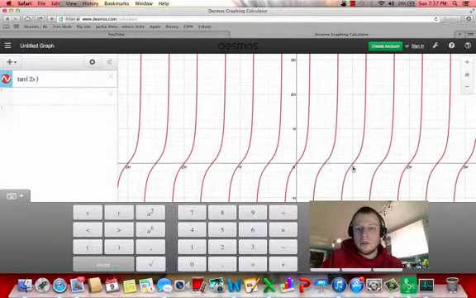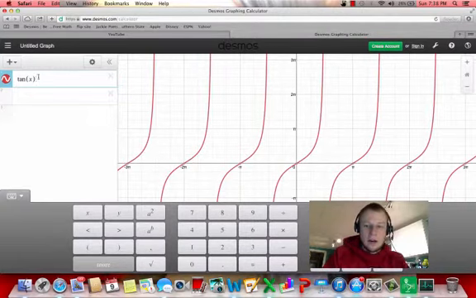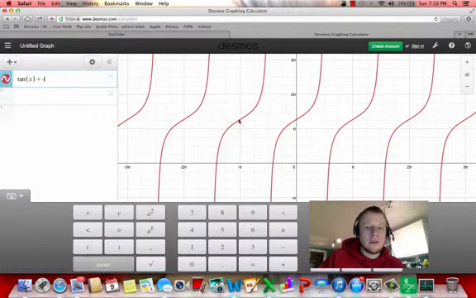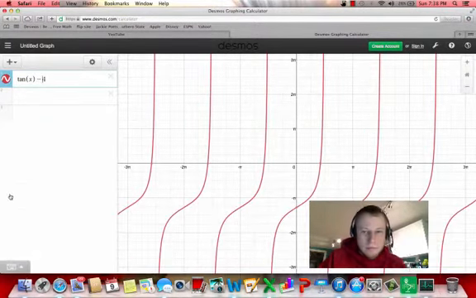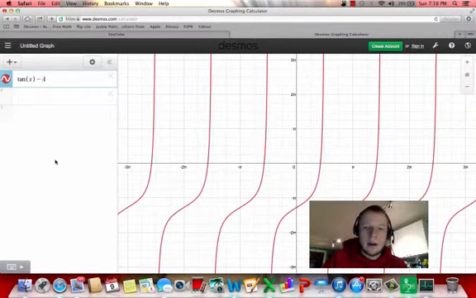Pi over 2, pi, 3 pi over 2, 2 pi, and so on. If we add 4, it shifts up 4, and if we subtract 4, it shifts down 4. Same exact idea as sine and cosine, but the tangent graph is a little bit different.